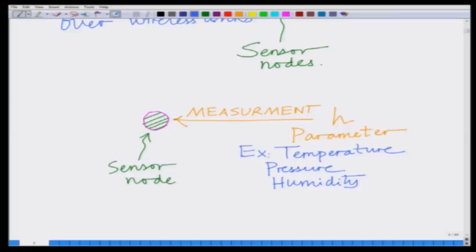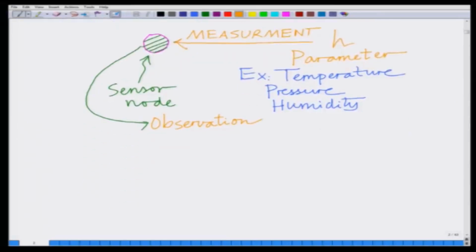So, the sensor node is making a measurement, or what we will also call an observation, of the parameter h. Now, frequently these observations cannot measure the exact parameter h, but they are going to be affected by noise. So, these observations are typically noisy. These are called noisy observations.